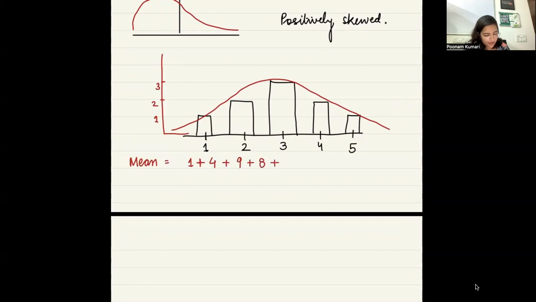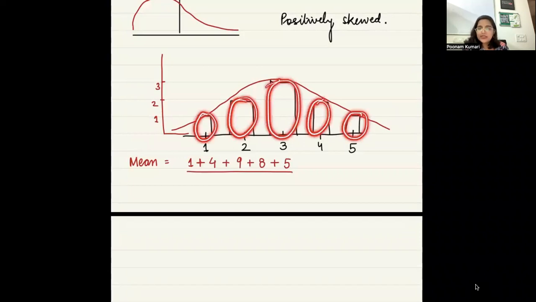And 5 is coming 1 time, so 5. Then you divide by the number of observations: 1, 2, 4, 6, 9. Number of observations is 9. Yes or no? Yes, ma'am.